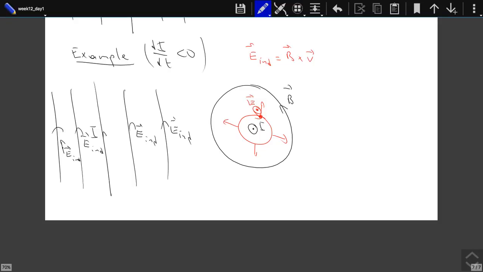Now, this is just another way of determining the direction of the induced E field. But nevertheless, you should know the direction of the velocity of the B field lines in order to determine the direction of the E field lines.